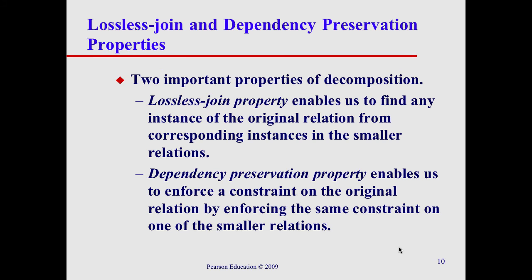And the second property is that if there is some kind of dependency or constraint enforced in the original relation, then when we decompose that relation into multiple subrelations, that dependency or that constraint is preserved in at least one of the subrelations. That constraint still exists. It's not lost.